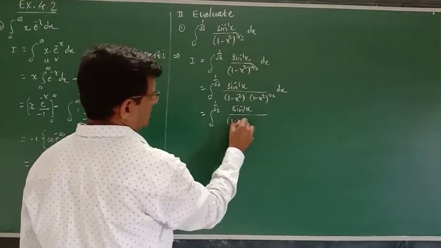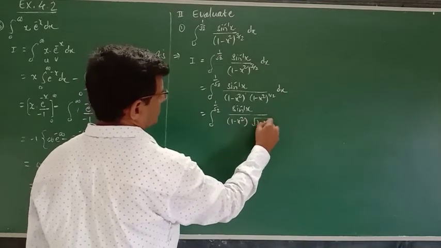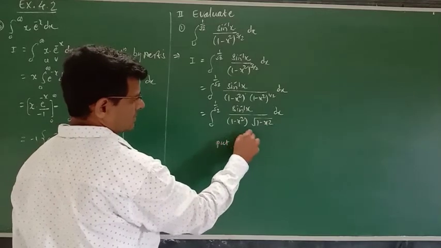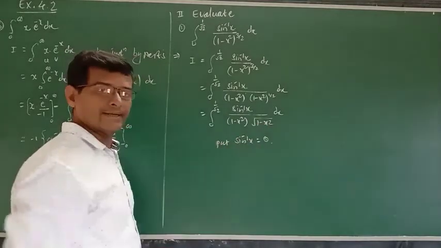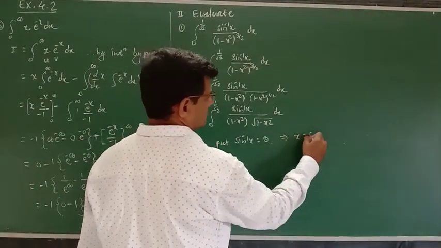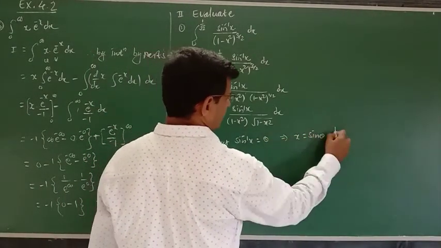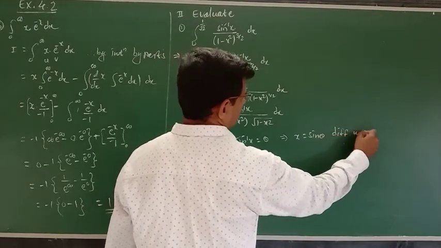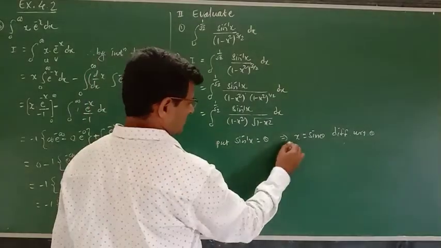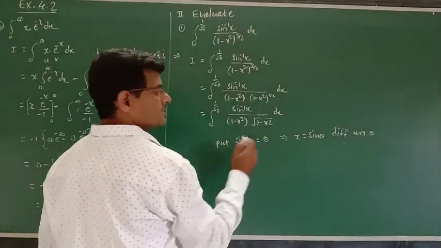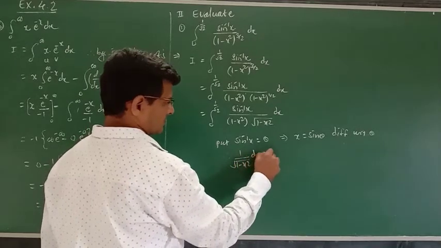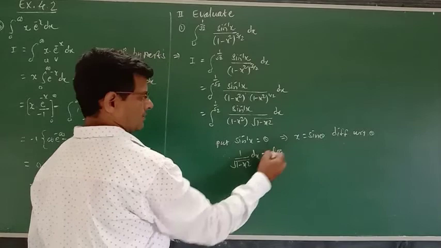So put sin inverse x is equal to theta, so x is equal to sin theta. Differentiating, the derivative of sin inverse x is 1 upon root 1 minus x square, so dx upon root 1 minus x square is equal to d theta.